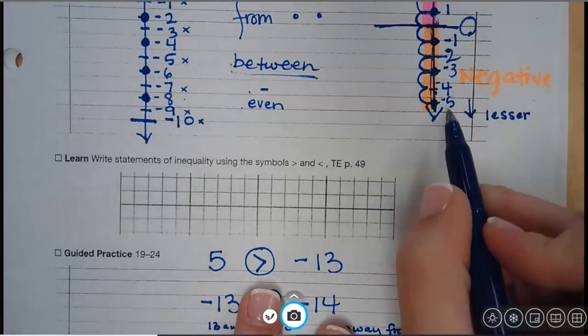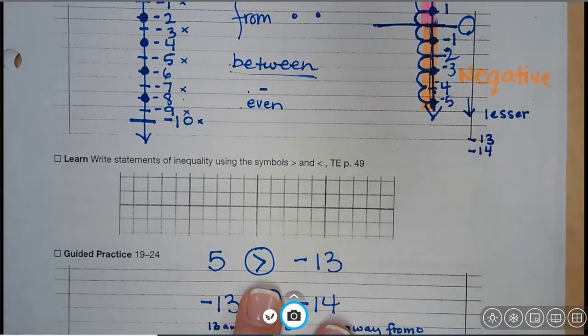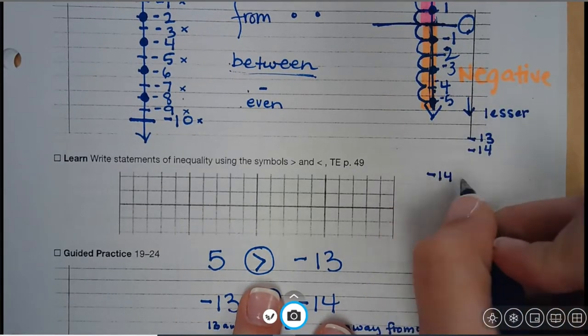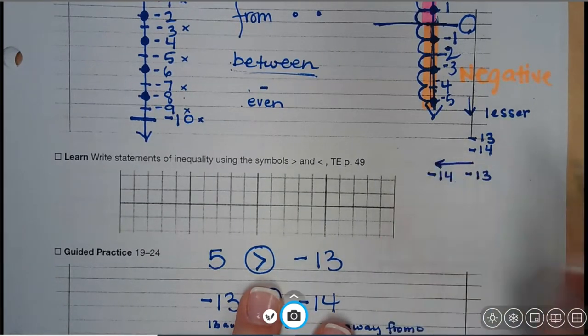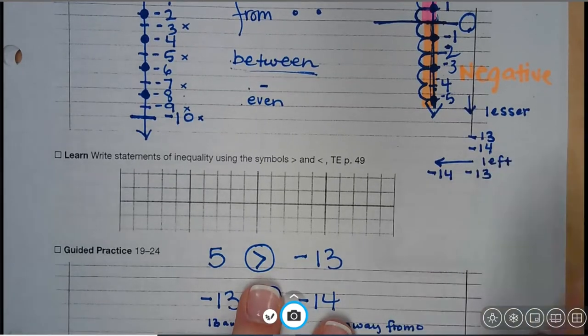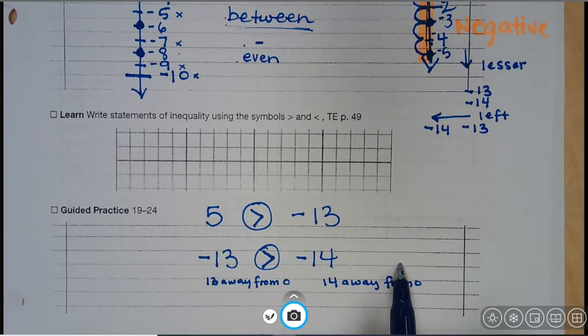So negative 14 would be below negative 13 on my vertical number line. If it was horizontal, negative 14 would be to the left of negative 13. And remember, if it's to the left on a horizontal number line, it's lesser than the number before it. So that means that negative 13 is greater than negative 14, or I could say negative 14 is less than negative 13.